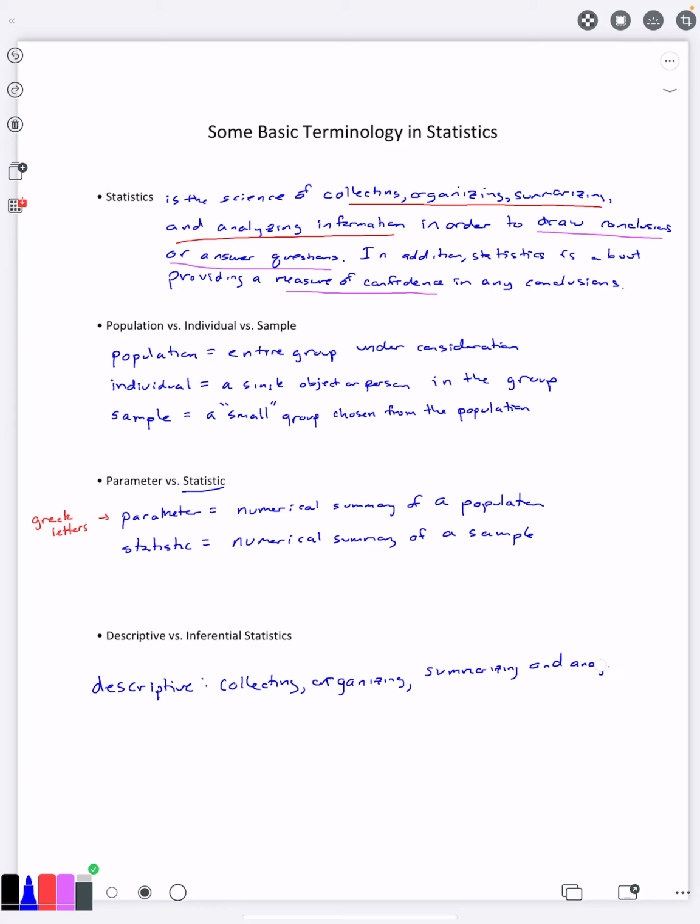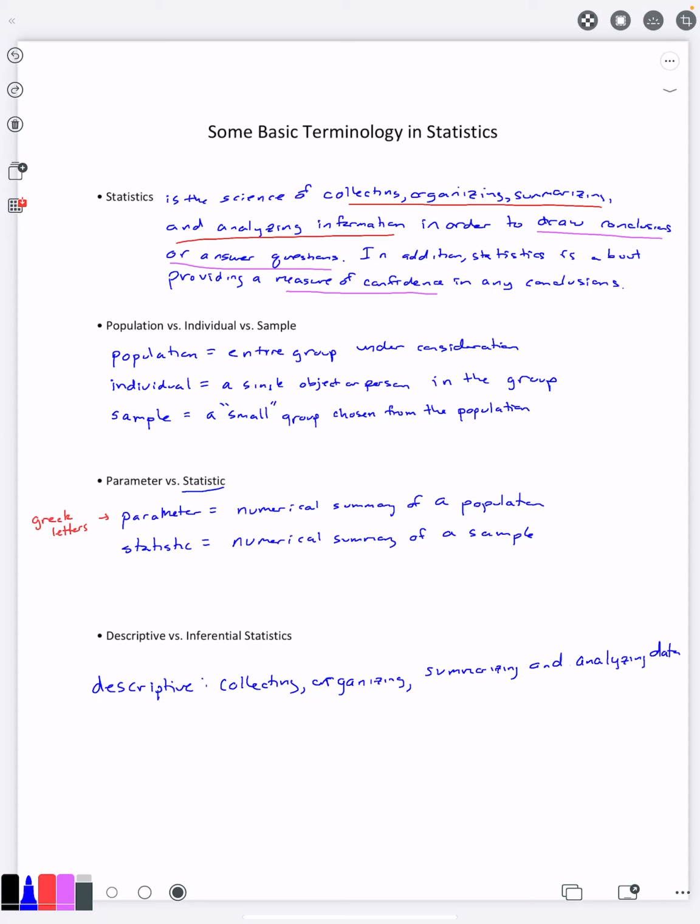So that's what we call descriptive statistics. That's the beginning of our course, the first third of it.